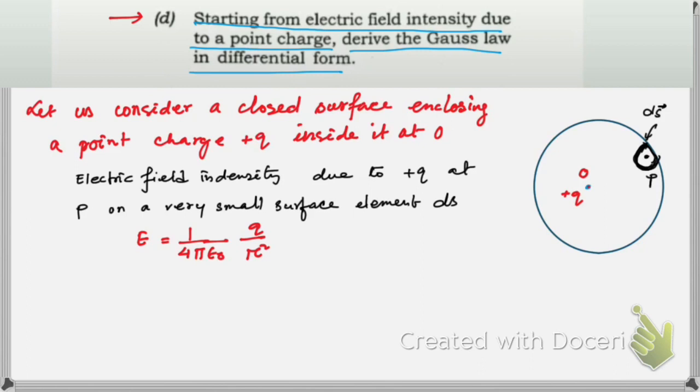So here r is the distance from the positive charge q to the point P. We have assumed that way, right?